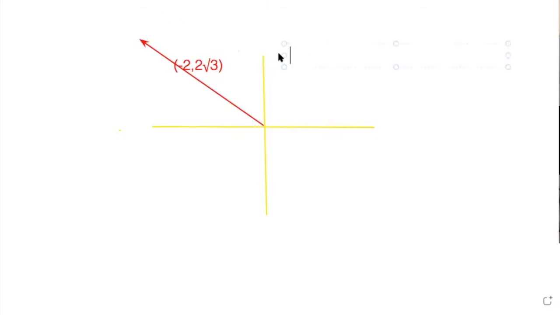Well, the first thing I would want to do is say that r, in this case, is equal to the square root of negative 2 squared plus 2 square root of 3 squared.